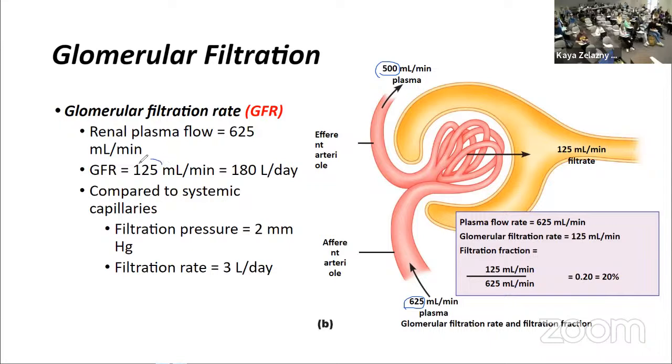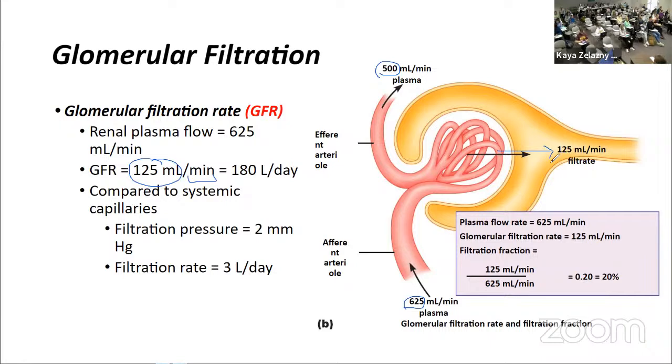So we are losing 125 milliliters per minute of fluid that went into our nephron and then didn't come out, at least through the efferent arteriole, okay? So that is what we've shuffled into the nephron. So we have filtered 125 milliliters per minute into the nephron. So 125 milliliters of that plasma is on its way to potentially become urine.